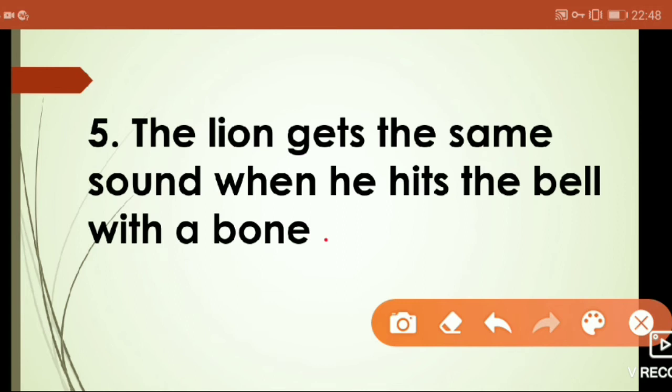Very good. All right, so our sentence is: the lion gets the same sound when he hits the bell with a bone. Full stop or period. So you have 2 minutes to write this sentence down.